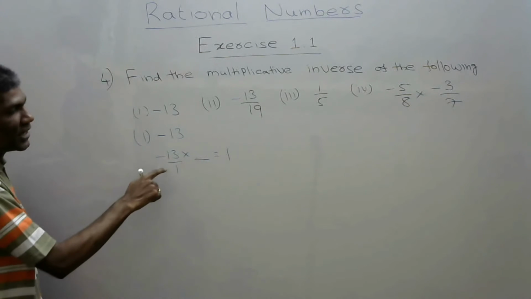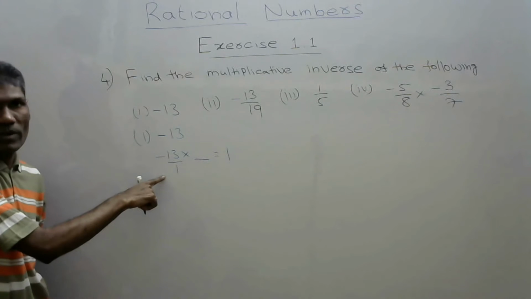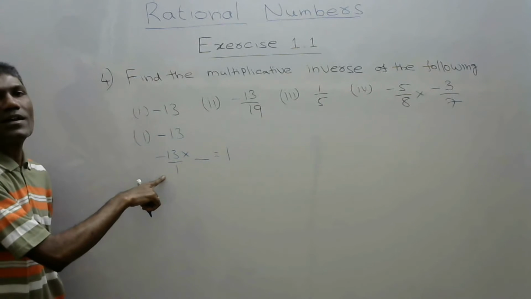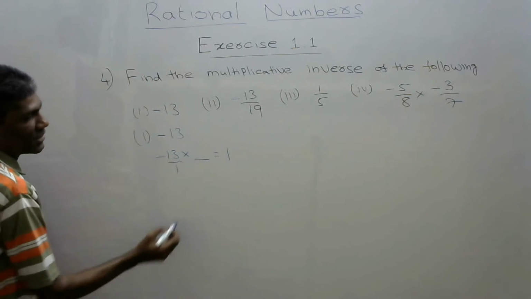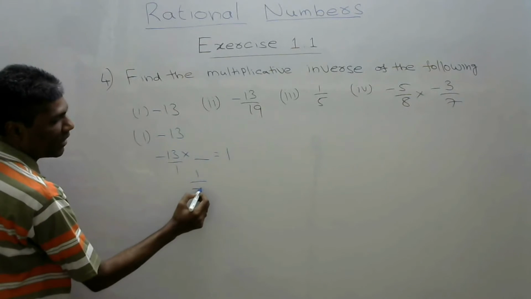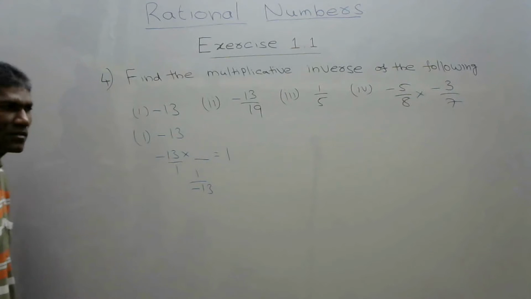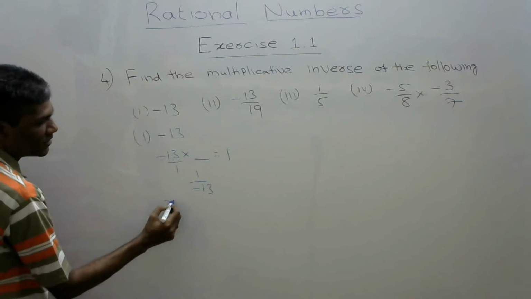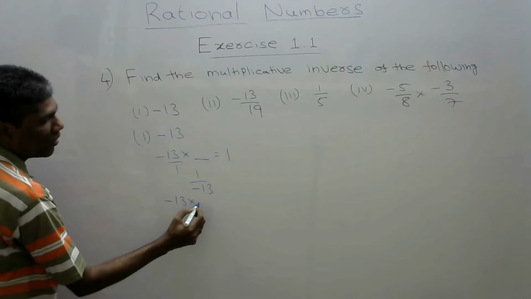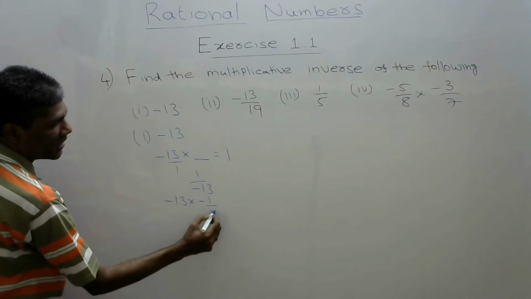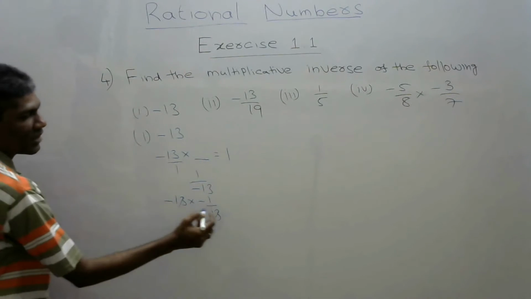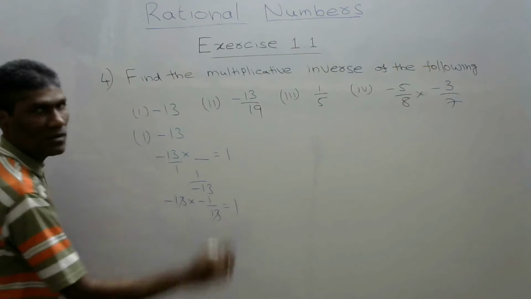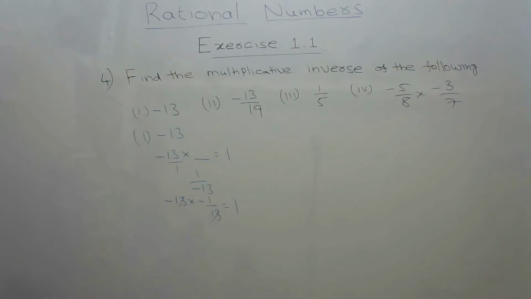So, let us interchange numerator and denominator. That is taking the reciprocal. What is the value? 1 by minus 13. Verification if you want: minus 13 into minus 1 by 13. 13 cancels. Minus into minus is plus. 1 into 1 is 1. Okay.